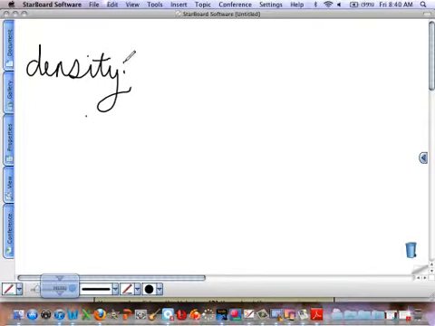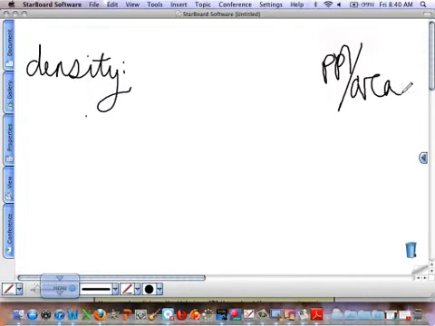Number of people over some specific area. Square kilometers, square mile, square yards. I think in the United States, if you would actually take all of us and spread us all across the entire nation, we would have almost 100 square feet to ourselves per person.